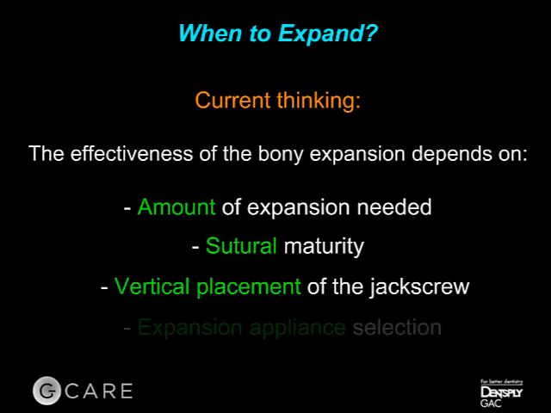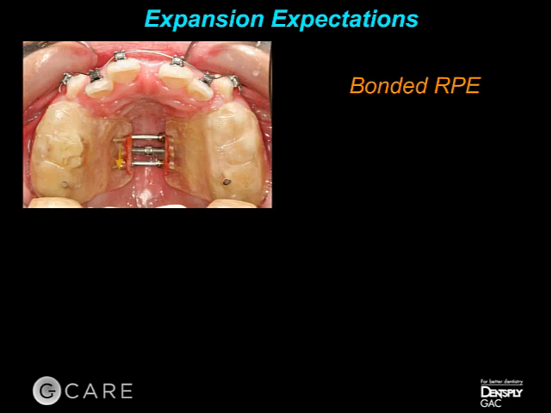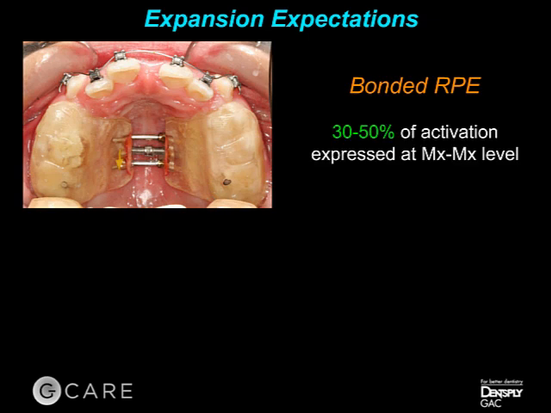The last part is the expansion appliance selection. For me, based on measuring pre and post expansion results with the types of expanders I use, with a bonded RPE, based on what I just showed you, I can get somewhere close to 30 to 50% of the screw activation expressed in the bone.